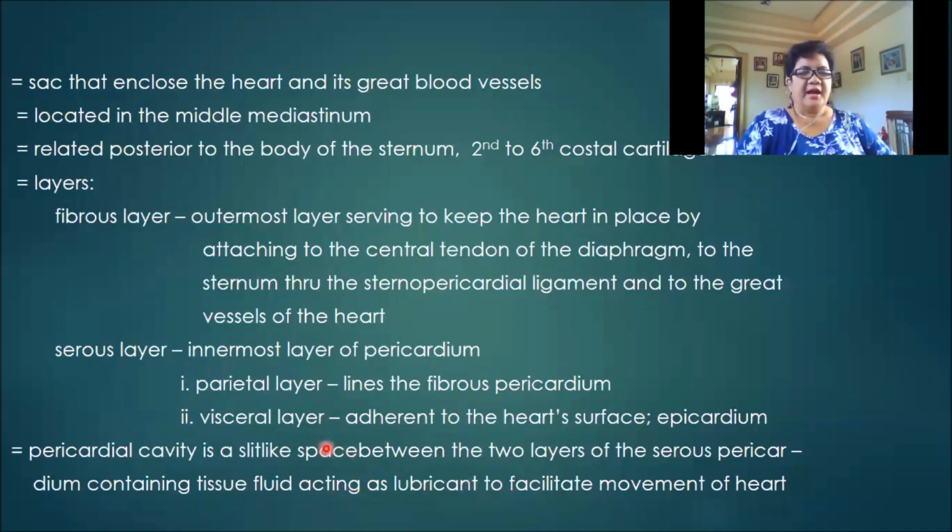So you have to remember that the pericardial cavity is between your parietal and visceral layer, and in between that is serous tissue fluid, and this will help as the heart contracts, it will not stick to the fibrous layer, to the parietal layer, but it will just slide as it contracts.